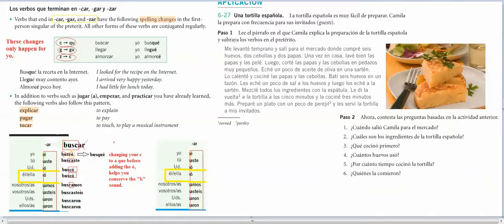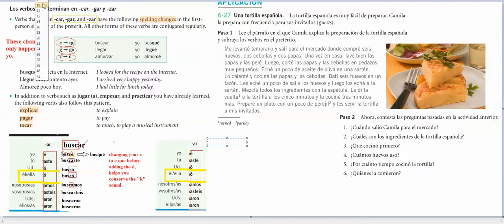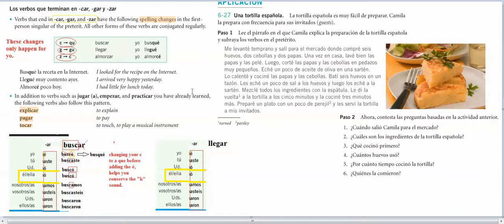Okay, so if we want to conjugate a GAR verb, we're going to run into a similar problem. I have the verb llegar. What I would normally do if I'm conjugating it is to take the AR off, and that leaves me with the stem lleg.